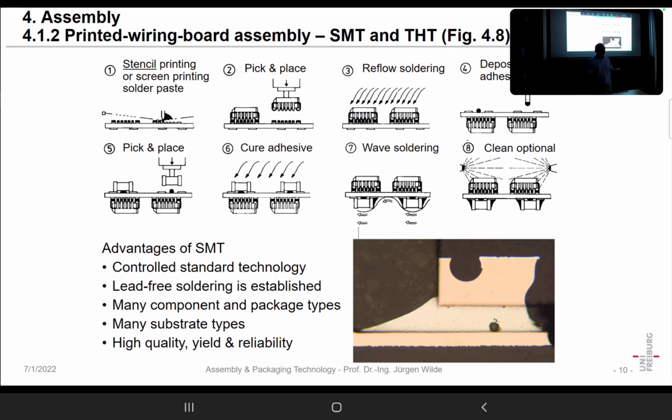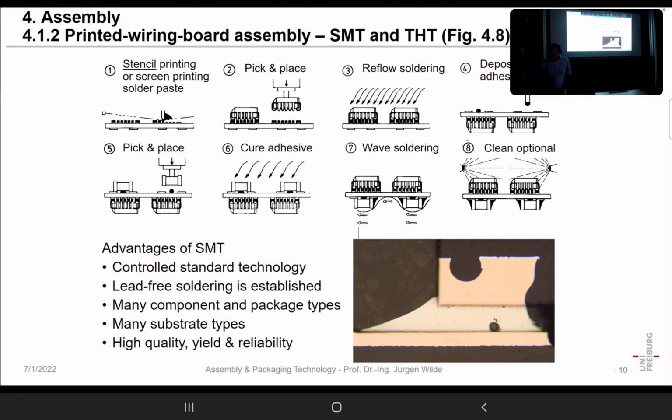And the board is run over a so-called solder wave in a wave soldering machine. For a solder wave, liquid solder material is pumped up. So we have like a small hill of solder flowing up in that machinery, and over that small hill of liquid solder, the printed wiring board is moved and it's just touching it.